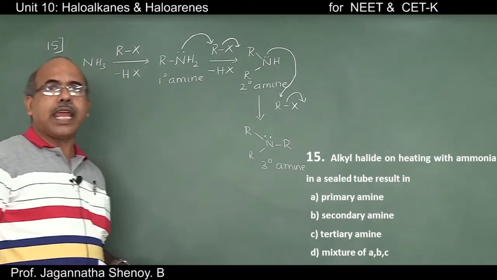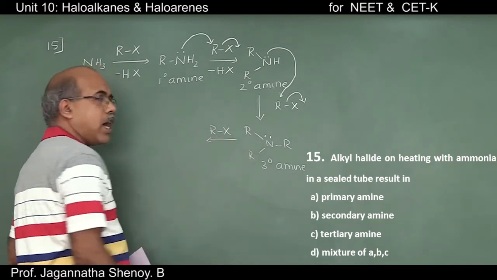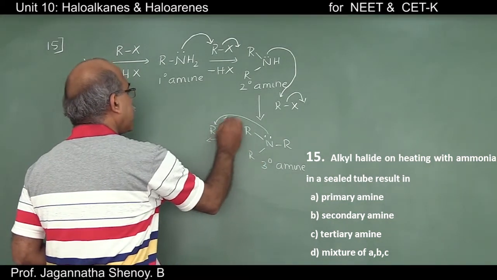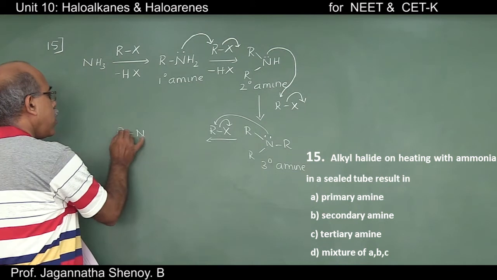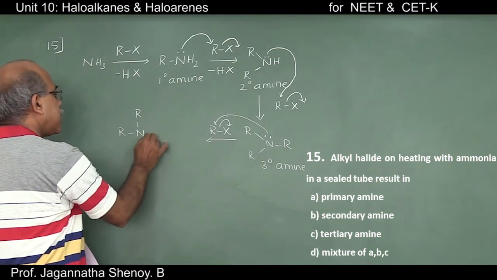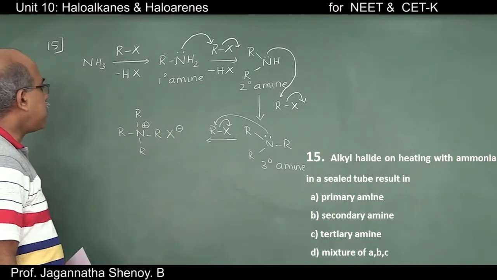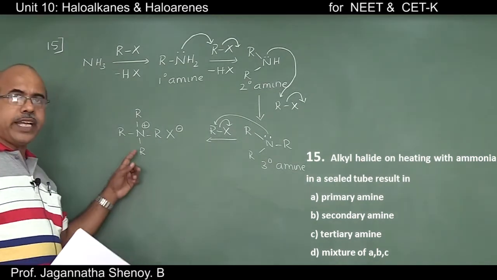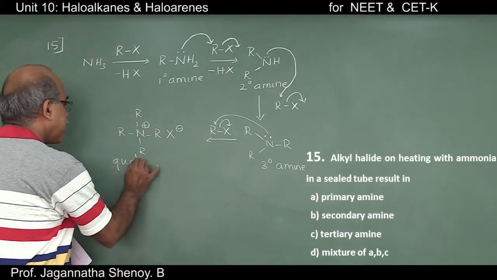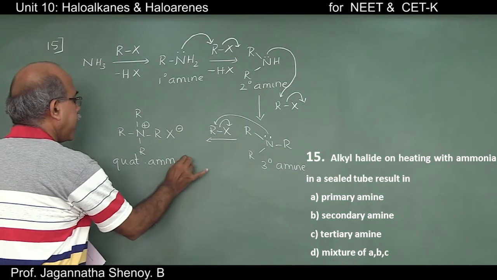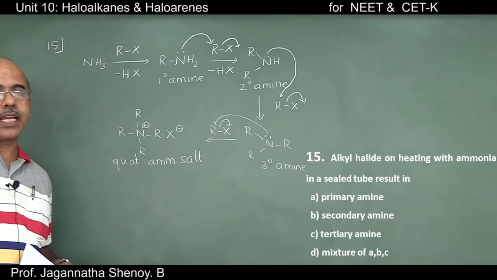And this tertiary amine can again act as a nucleophile, will react with one more molecule of alkyl halide. Now what I get is a quaternary ammonium salt, which I represent like this. On nitrogen you have a positive charge, and here you should have X minus. Now the question is, what will be the product obtained when you make use of alcoholic ammonia with alkyl halide?